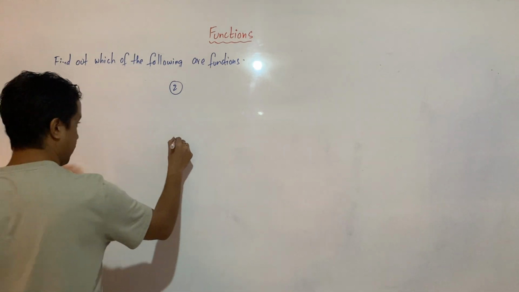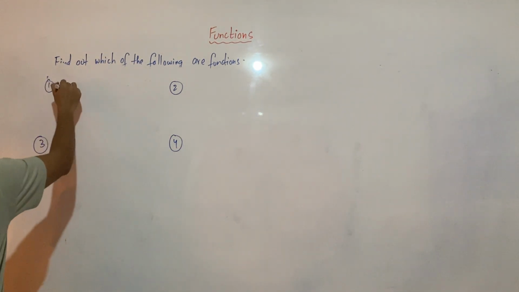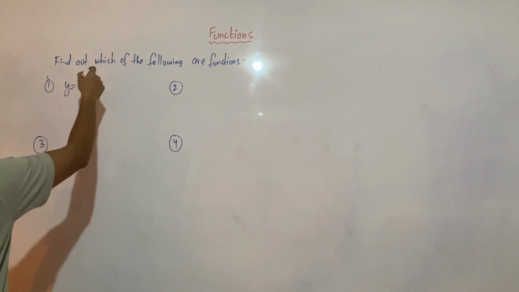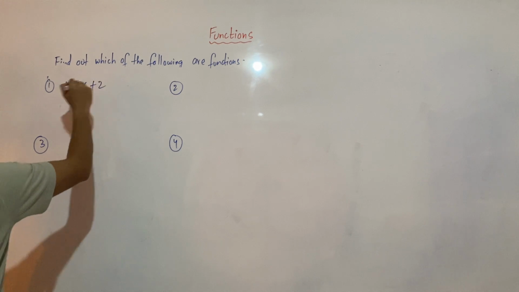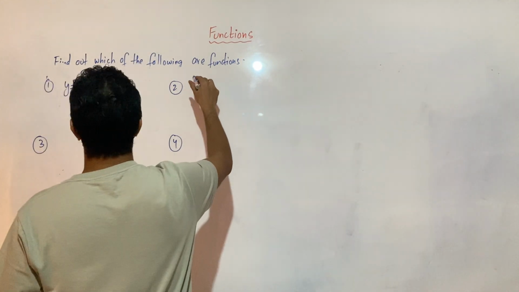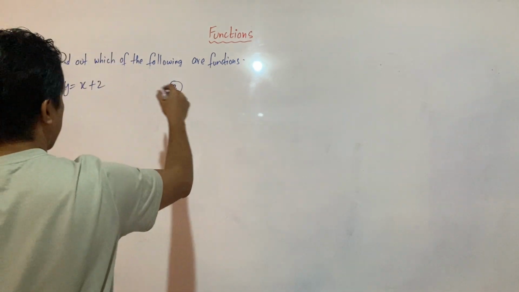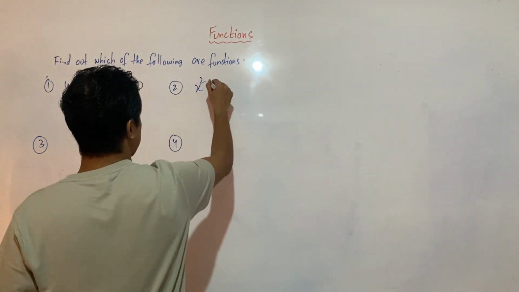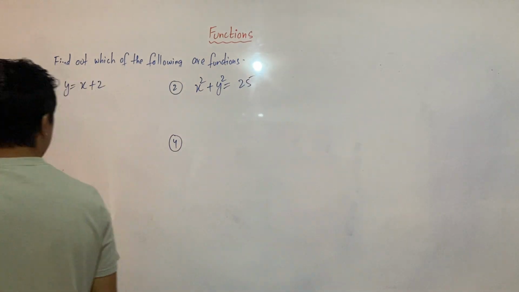Now, here, this is y equal to x plus 2. Here, it's going to be x square plus y square equal to 25.